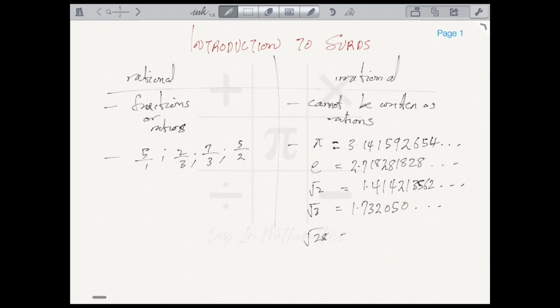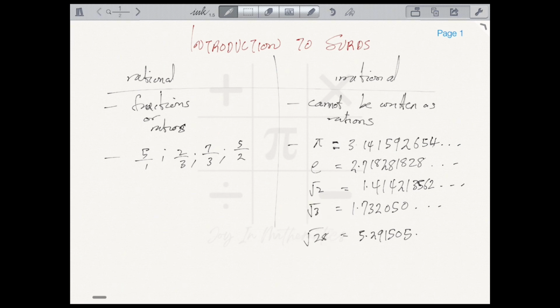Root 28 in itself can be written as 5.291505. Now these numbers are said to be irrational, but irrational of this kind, where we have roots: root 2, root 3, root 28.